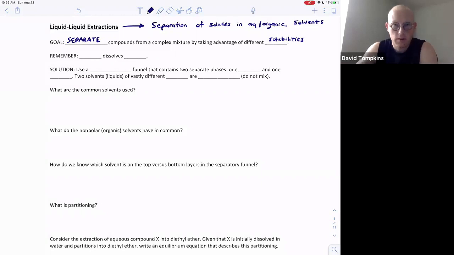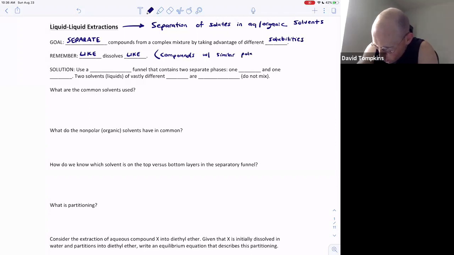And what you should recall is that like dissolves like, or compounds that exhibit similar polarities are likely to mix together. So polar compounds are going to favorably interact with polar solvents, and nonpolar compounds will more readily dissolve and interact with nonpolar solvents.